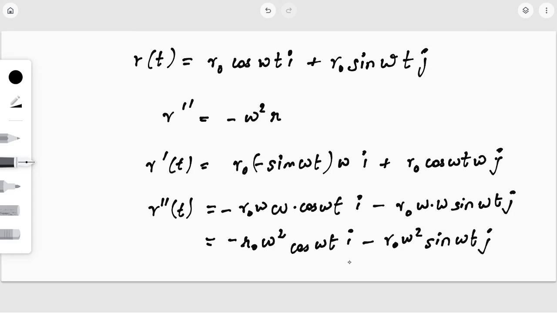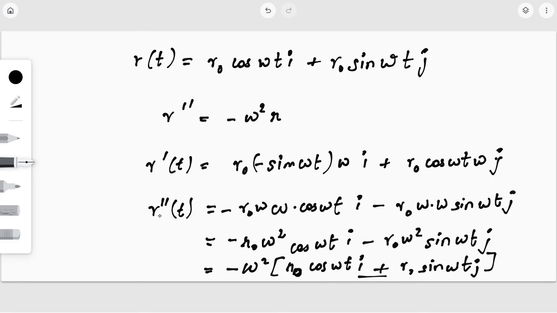Now omega square is common for both, and if you take minus omega square common, what remains is r naught cos omega t i plus r naught sin omega t j. Now this is none other than r of t. That is, we get r double dash of t is equal to minus omega square into r.